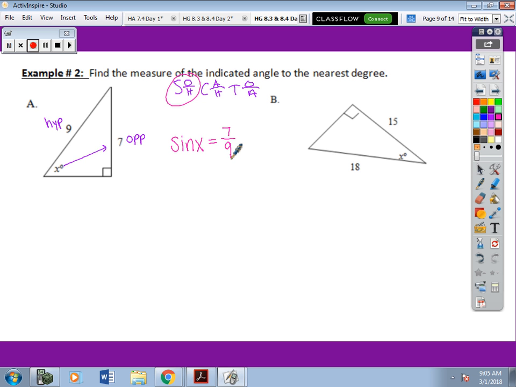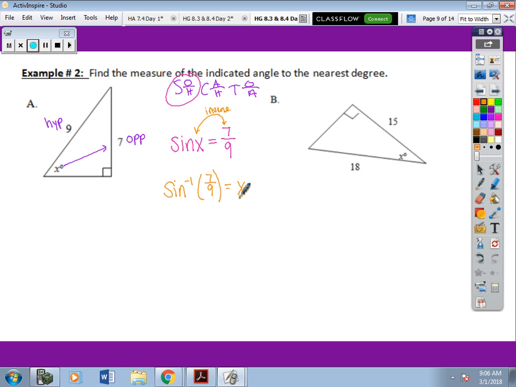That's what we would set up yesterday. But yesterday, the x was in the fraction, and the angle was given to us. So now, all we have to do is use inverse. So we're going to switch these numbers around and change to an inverse. So sine -1, or arc sine, of 7/9 will equal x. And then that goes in our calculator.